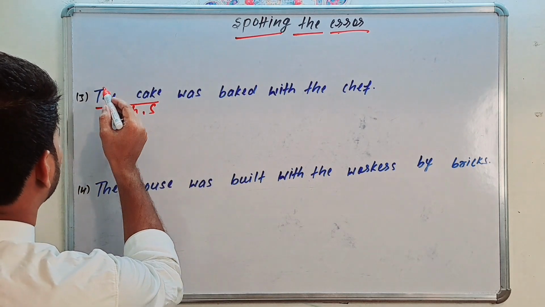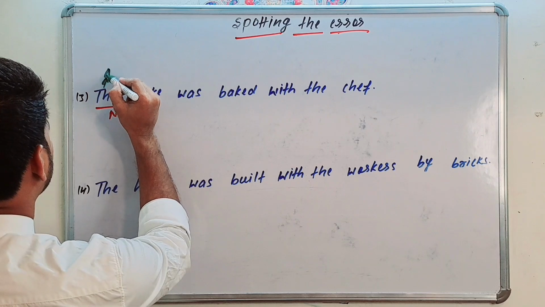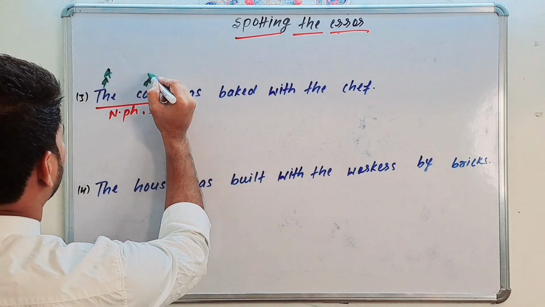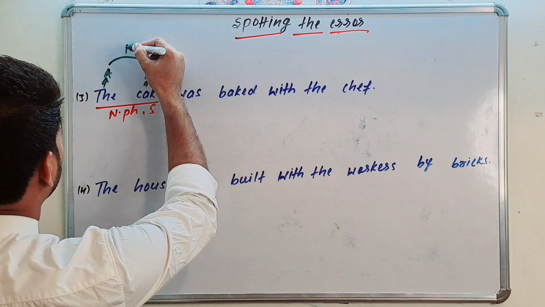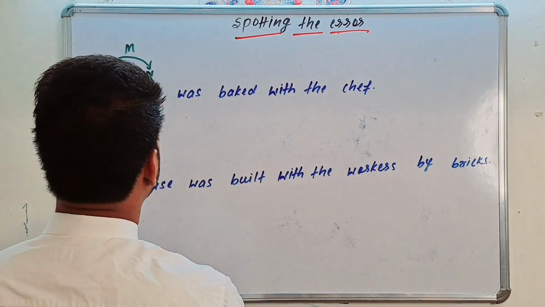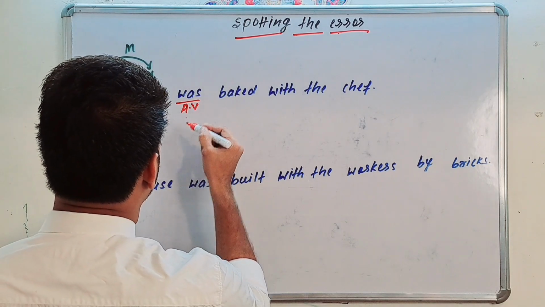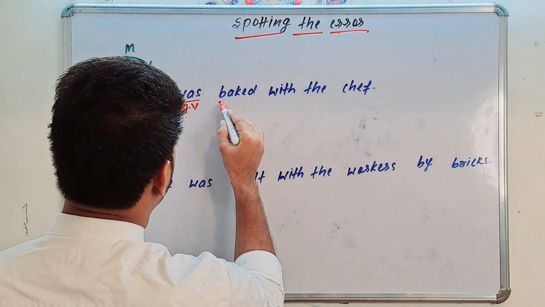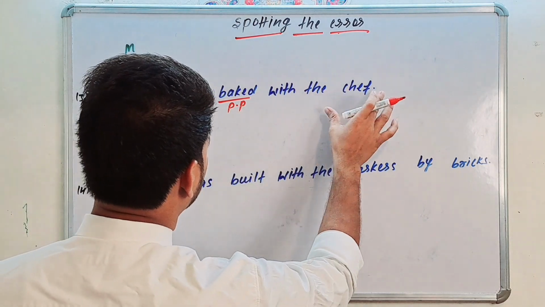The cake is your subject: the article, and cake the noun which it modifies. No doubt, was is an auxiliary verb, baked is the past participle, with the chip.